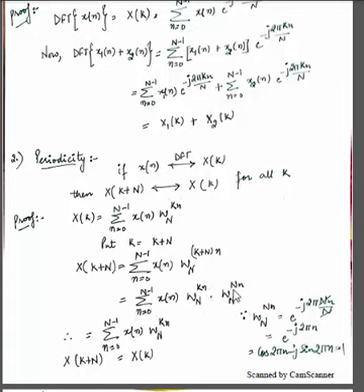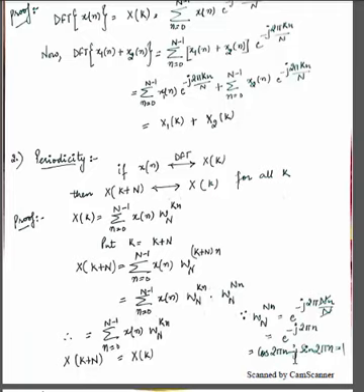Now this term, twiddle factor raised to power N into n, is equal to e raised to power minus j 2 pi divided by capital N, times N n. So capital N will cancel out. It becomes e raised to power minus j 2 pi n. Suppose n is an integer. So it is equal to, by Euler's identity, cos 2 pi n minus j sin 2 pi n.